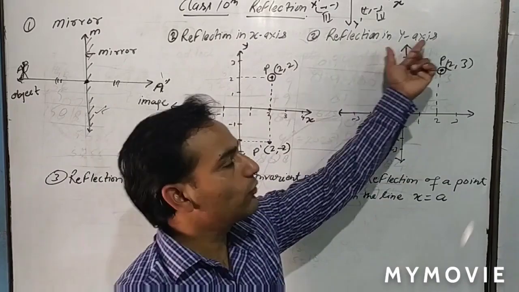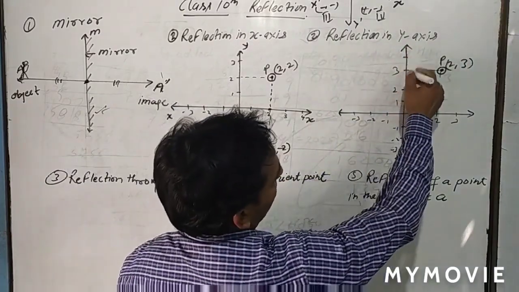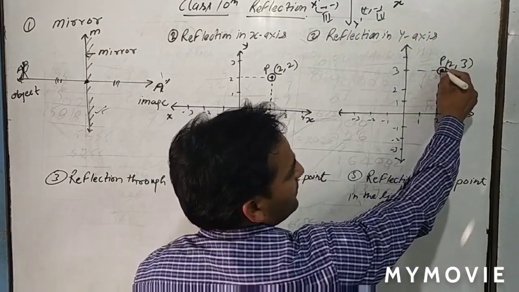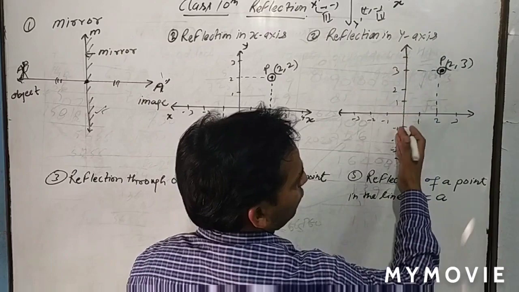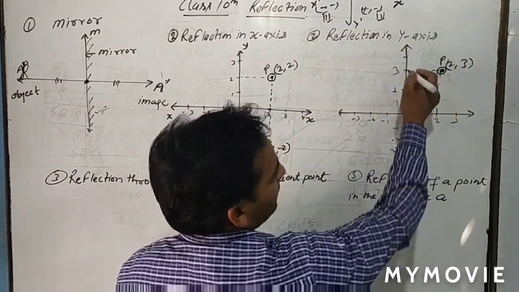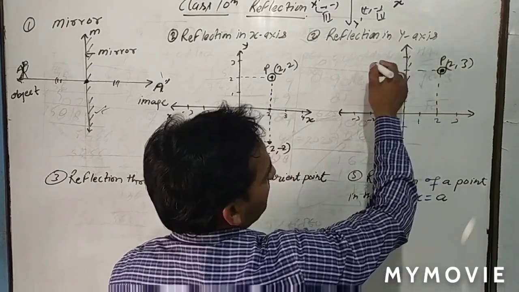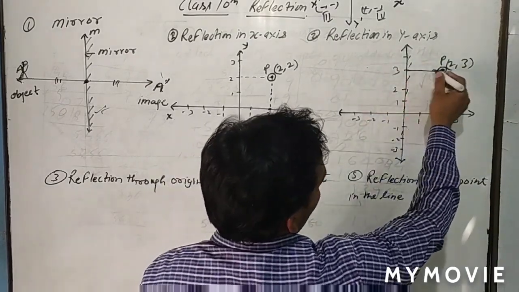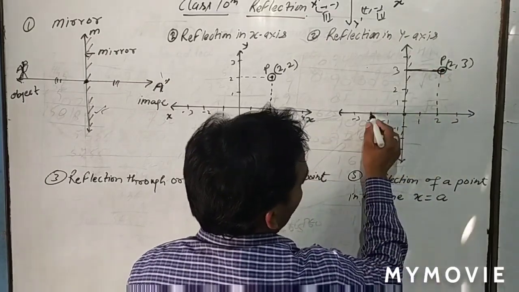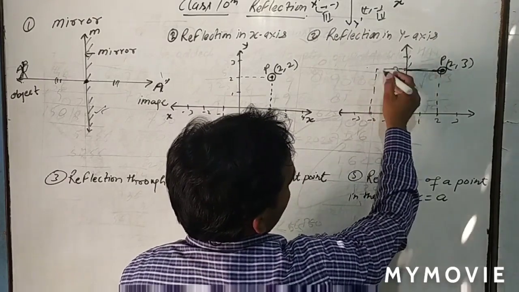So reflection in the y-axis. Y-axis means the y-axis will be the mirror. Now this is the mirror and we are standing here. This is our point. So reflection through the y-axis means this point will come to this side, not this side, because our mirror is here. So point P will come this side at the same distance. The distance from here is 2, so it will come at 2 here.